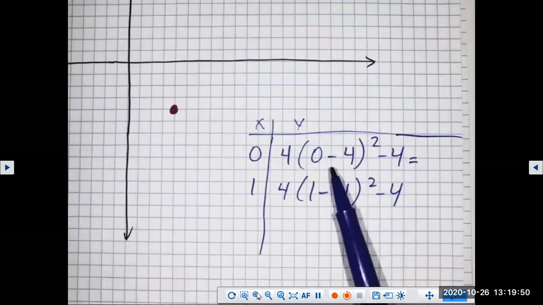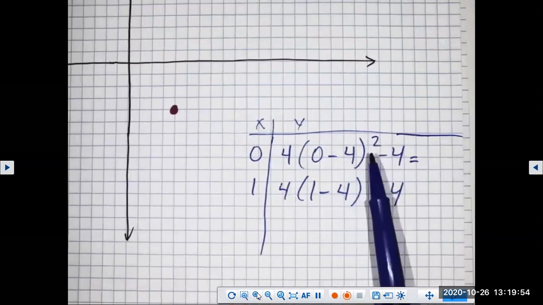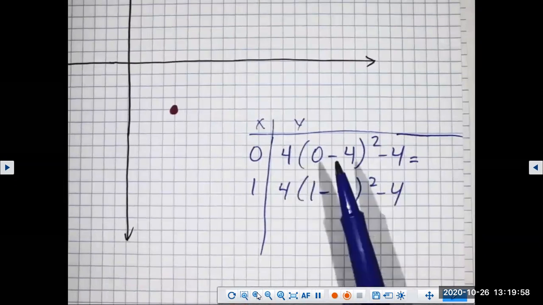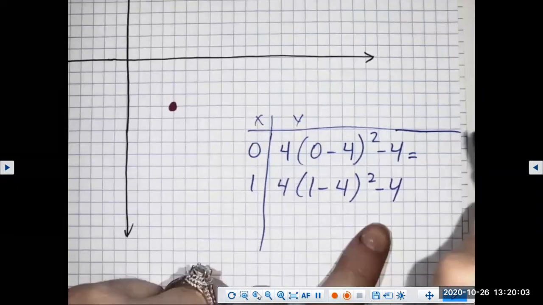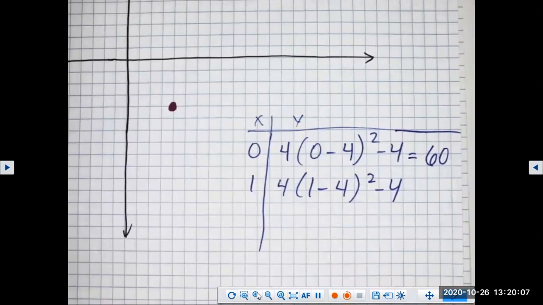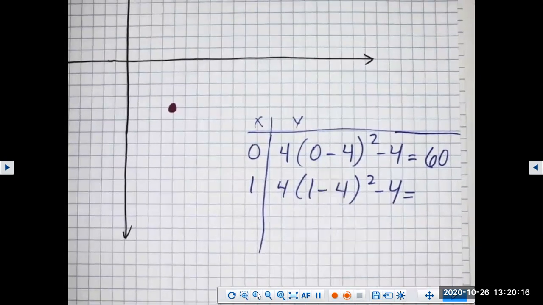Okay, what do you get here? You get positive 16, and then times 4 will give you 64, minus 4, 60. What a fun y value. Awesome. Hang on, wait. Am I 16 times 4, 32?